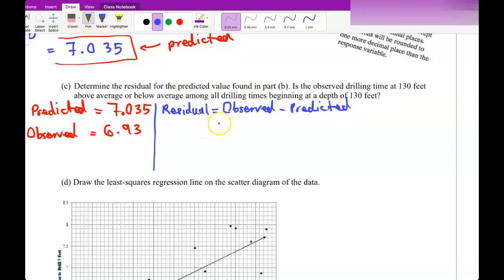So observed minus predicted. So that is equal to negative 0.105.